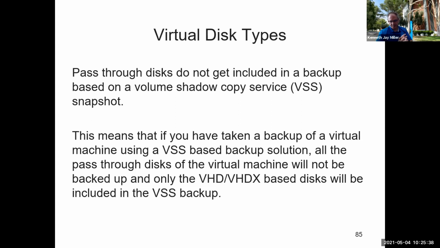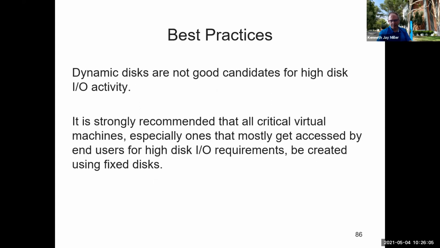That means if you have taken a backup of a virtual machine using a volume shadow service-based backup, all the pass-through disks of the virtual machine are not backed up, and only the VHDX-based disks will be included in the backup. Pass-through disks give us the best performance, but they're not included in the backup. So we have to make sure that we remember that and we back them up.